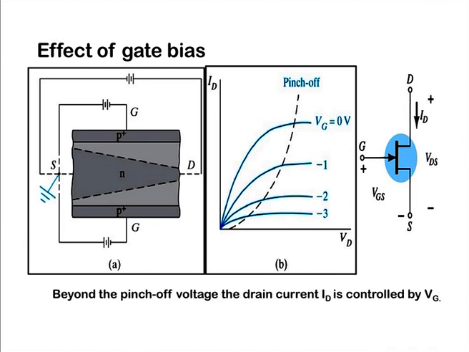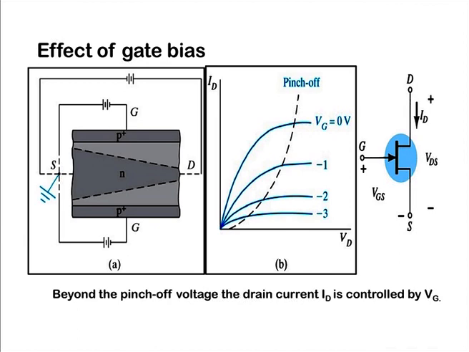We will see here. In figure A you can see this biasing: we have applied a negative bias on the gate, and now we can see the current voltage characteristic between source and drain. If you increase VD, ID also increases and then saturates. When we apply the negative bias, the pinch off happens at a lower voltage.